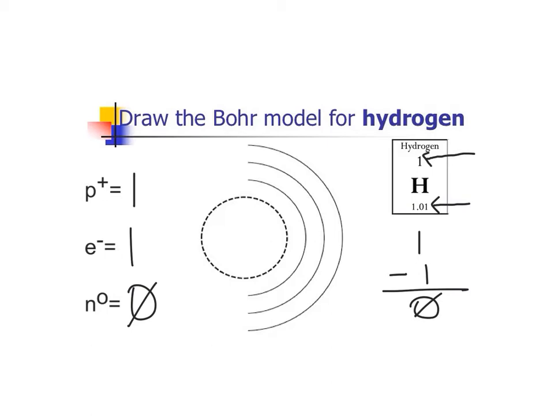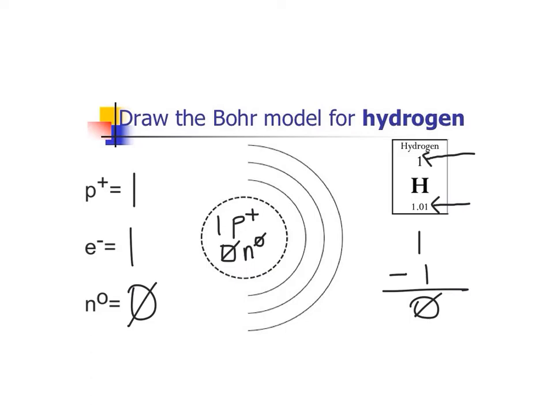Working from the inside out, we'll start with our nucleus. The protons and the neutrons belong in the nucleus, so we write the number of protons followed by the symbol for protons. Then we will write the number of neutrons followed by the symbol of neutrons. And finally, we're going to use dots to represent electrons. Remember, the first energy level holds up to 2 electrons.